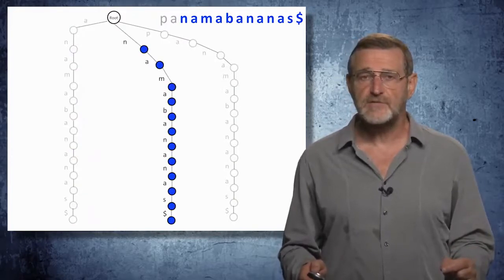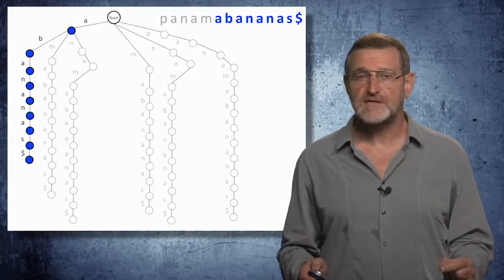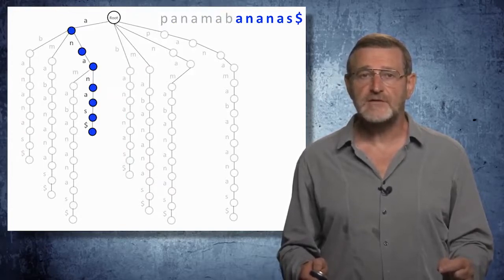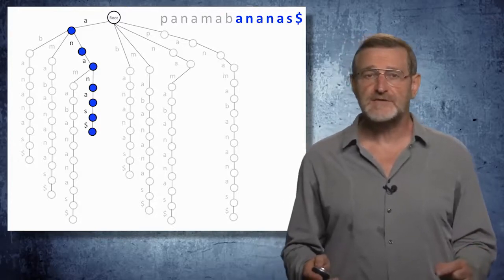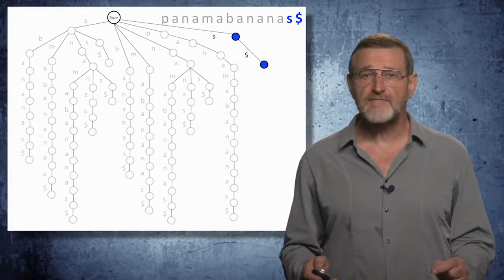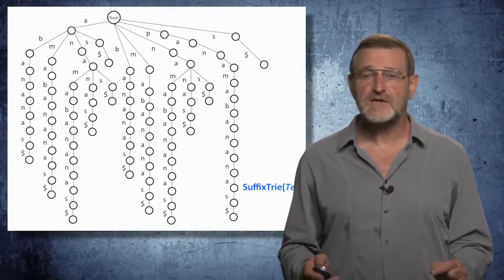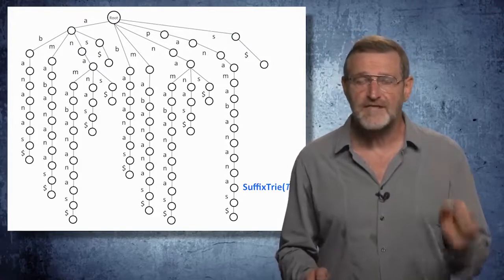Continue, continue further. So far there is no branching. Continue, and now the first branch in our suffix trie appears. Continue further, new branches show up, and finally we constructed something that we call the suffix trie of text.